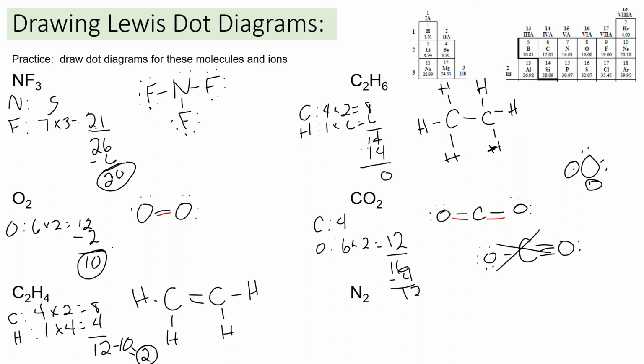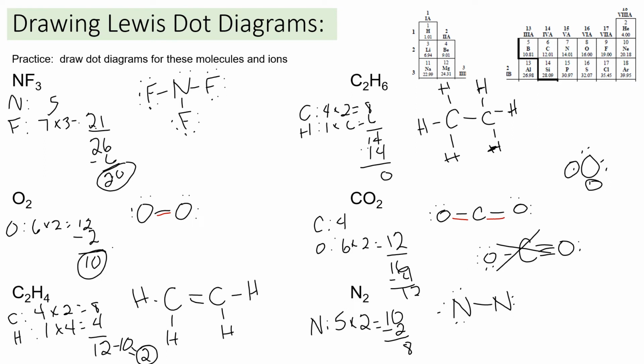Let's look at nitrogen. Nitrogen has 5 valence electrons times 2 gives us 10. So we put nitrogen next to nitrogen, and we've used 2, so subtract 2. That gives us 8. Now if we put 6 on this one, which is how many it needs, that only leaves us 2 for that nitrogen.